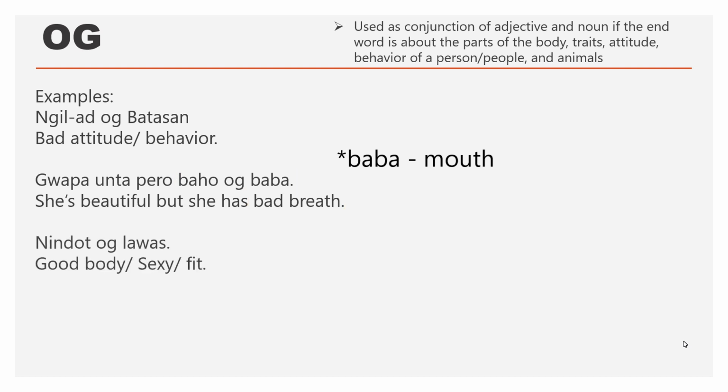Next, another example: nindot ug lawas. Nindot is good, nice, desirable, beautiful. And then lawas is body.